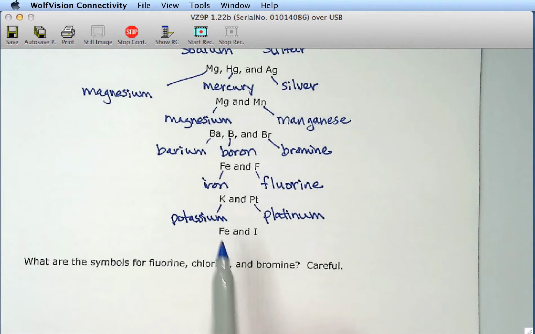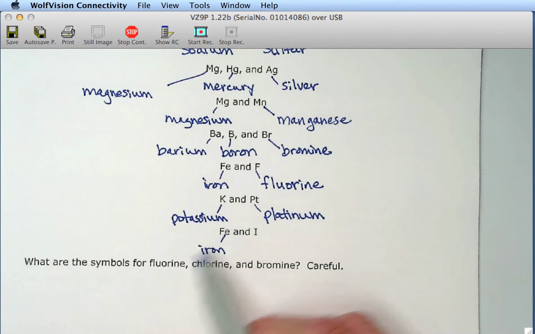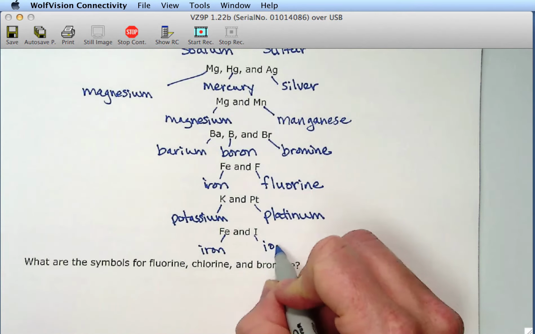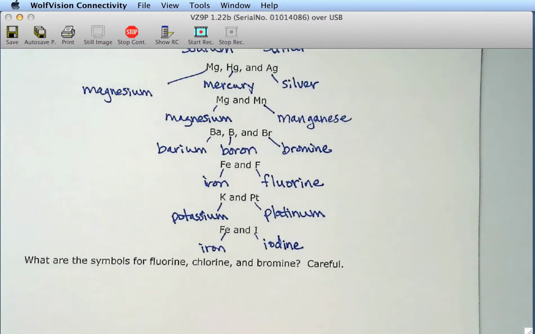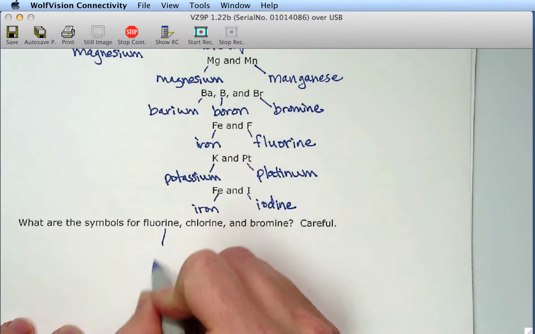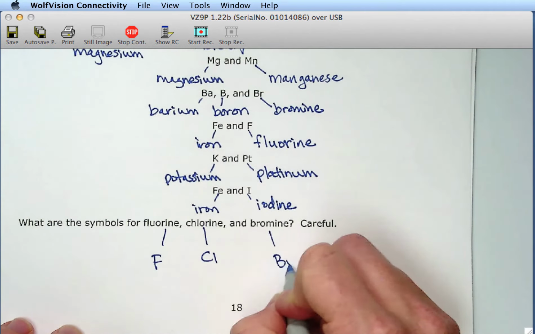Fe, iron. Ferrum, that's where it comes from. And then I is iodine. Whenever I see I think of iodine. One of my friends in graduate school, she was from Nigeria. She would always say iodine. All right, what are the symbols for fluorine, chlorine, and bromine? F, Cl, Br. Go.